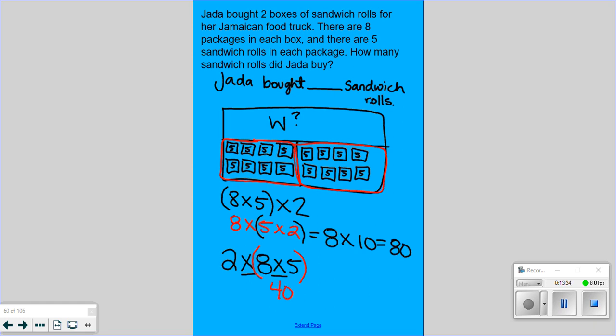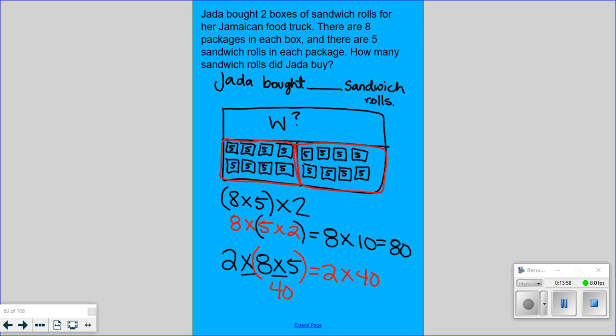So 2 times 8 times 5 is worth 2 groups of 40. How did I get 2 groups of 40? Where did that come from? Come on, Bryson, look alive. Talk about what strategy is. How did I get that? I had 2 times 8 times 5. So how did I get 2 times 40?